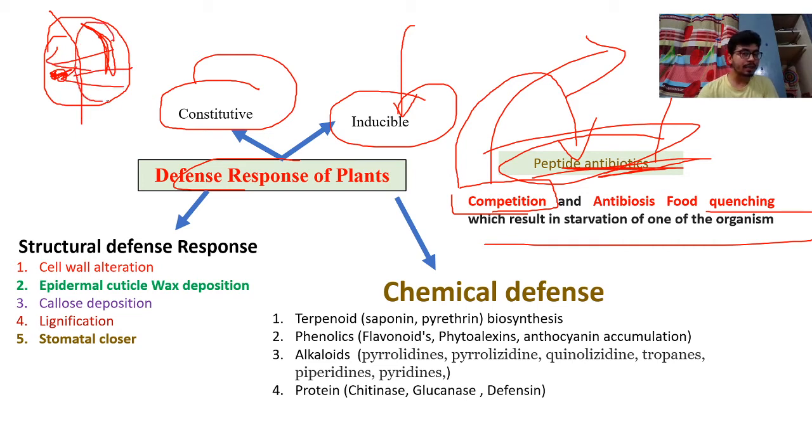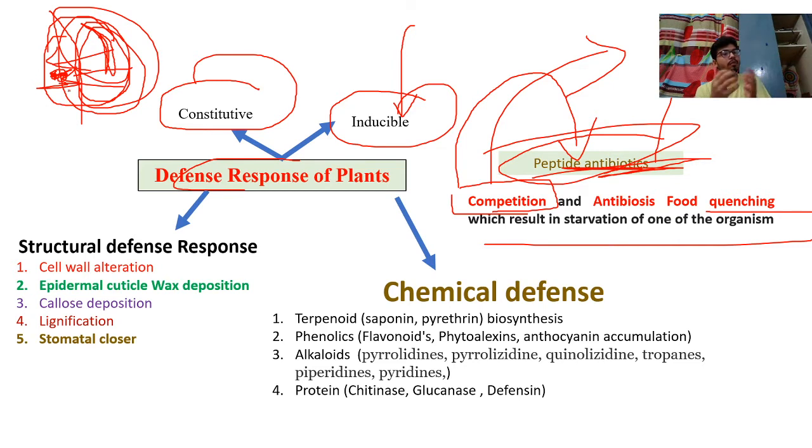By extracting the metabolite from that bacteria, I can manage this fungus. So fungal disease can be managed through bacteria. Through what? Competition. This fungus and bacteria are competing for life. Who will be stronger will win. So this is the story: competition, antibiosis, peptide antibiotics, food quenching.